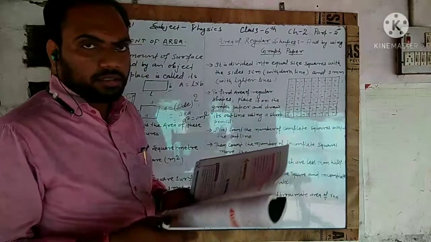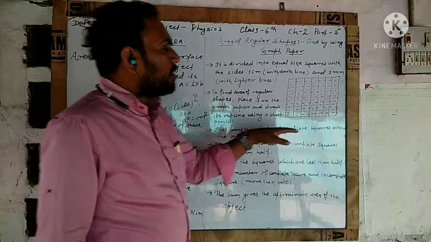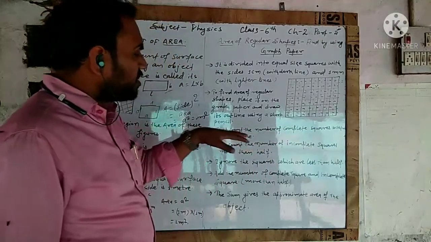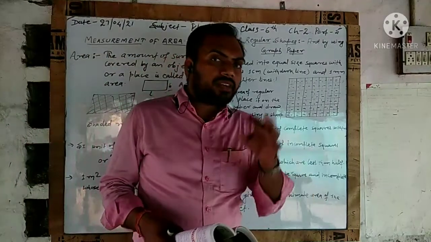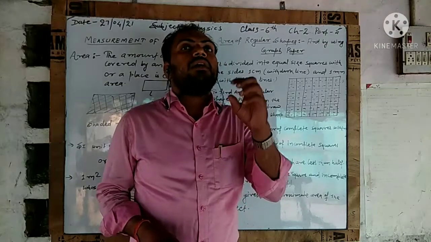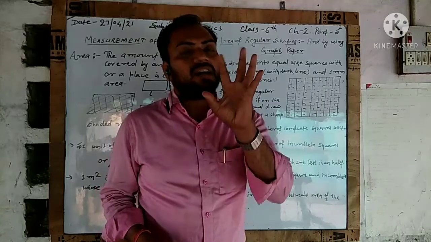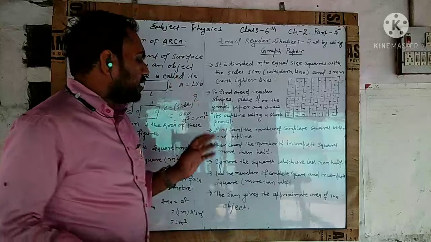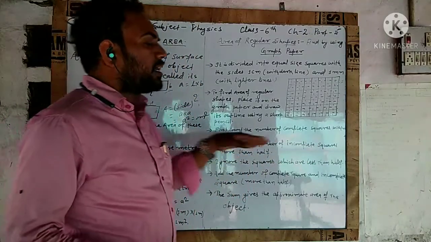One step is completed, that you have drawn an outline. Remove that object. Now first count the number of complete squares within the outline. Means after drawing the outline, you have to count the complete squares present within the outline. Then count the number of incomplete squares that are more than half.